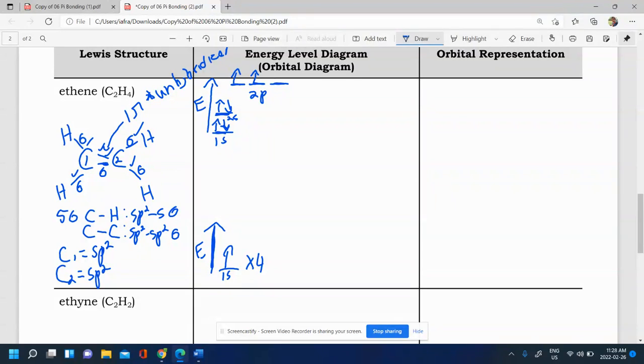Now, remember that carbon wants to form 3 bonds, right? So carbon does want to form 3 sigma bonds. So that means it needs 3 electrons available for bonding. And right now it only has 2. So what I'm going to do is an electron promotion. I'm going to send this one up here.